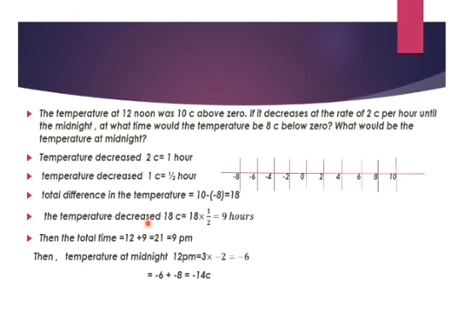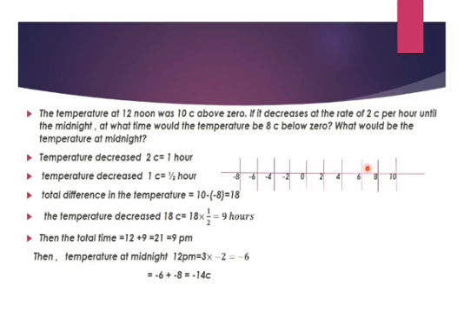Then the temperature decreases 18 degrees Celsius. In half an hour the temperature decreases 1 degree Celsius. Then 18 degrees Celsius, 18 into half, we get 9 hours. And also we can simply find this answer: in the first hour it decreases 2 degrees Celsius, then the next hour decreases 2 degrees.